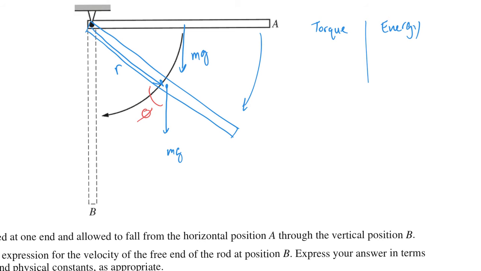In fact, in one of these problems, you're asked to graph this. How does the acceleration change as it swings downwards? It shouldn't have been a surprise that when it reaches its lowest point, the torque is 0, and therefore the acceleration is also 0.